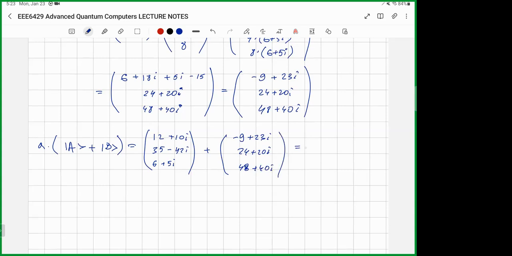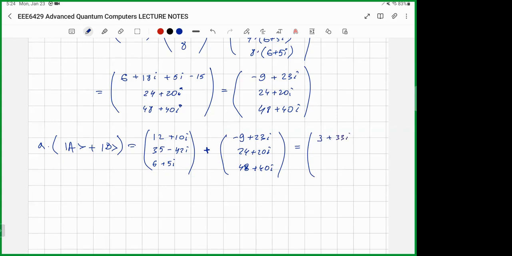Right. So how do we find the sum of two vectors? We basically sum the components of the vectors, right? The real parts with real parts, imaginary parts with imaginary parts. So here 12 minus 9 equals 3, then plus 33i.